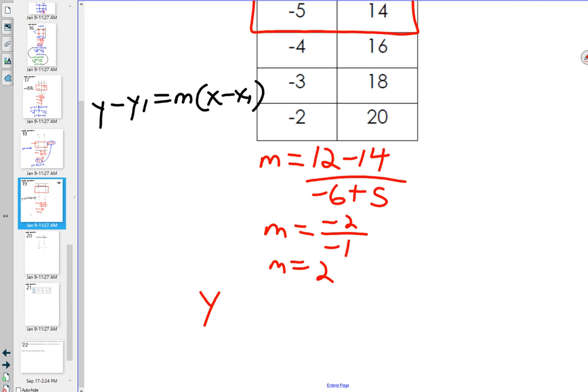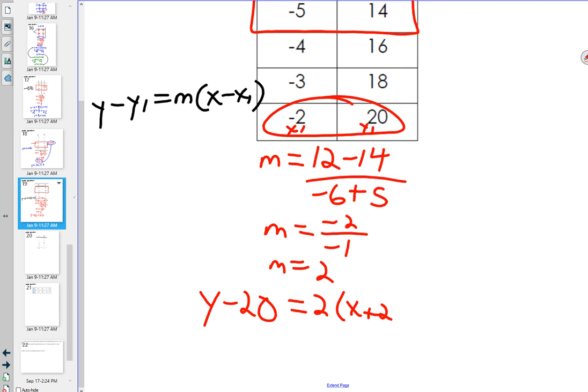So y, Chantal said use -2, 20, so y minus 20, I gotta change the sign. I'm basically using this as x1 and y1 now. Y minus 20 is equal to 2, and then x plus 2, I have to change the sign. Did you use a different point?